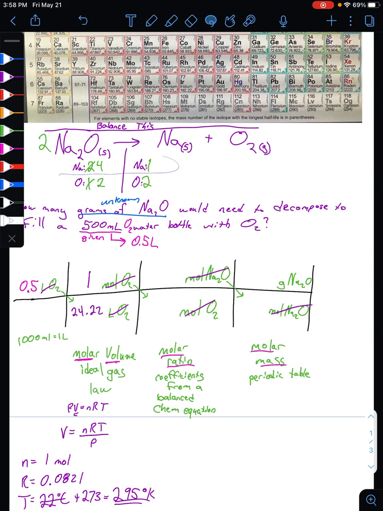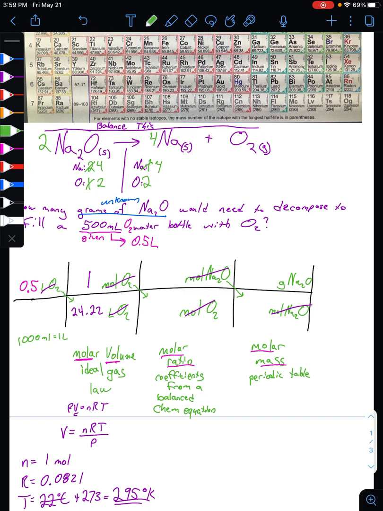All right, we still have a problem here. 4 to 1, but hey, this is a really easy one. I just need a 4 there so that I've got 4 times 1 to give me 4 total. Now I'm balanced. 4 and 4, 2 and 2.